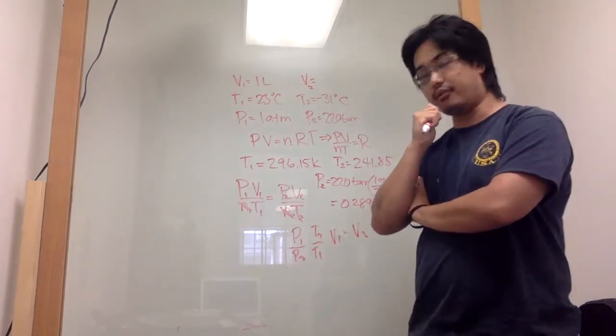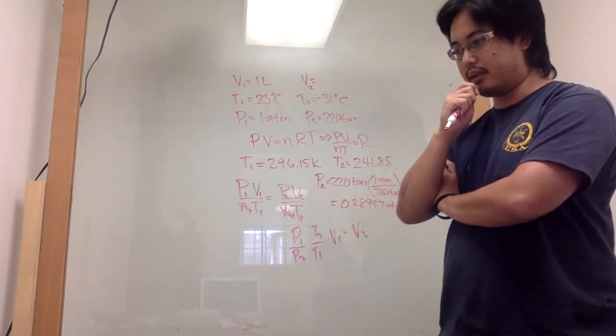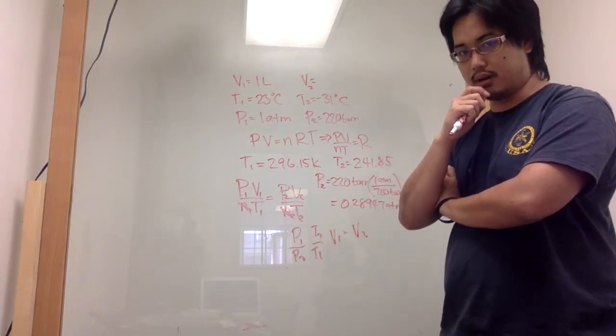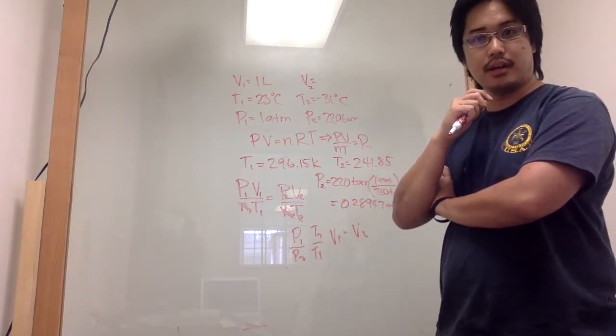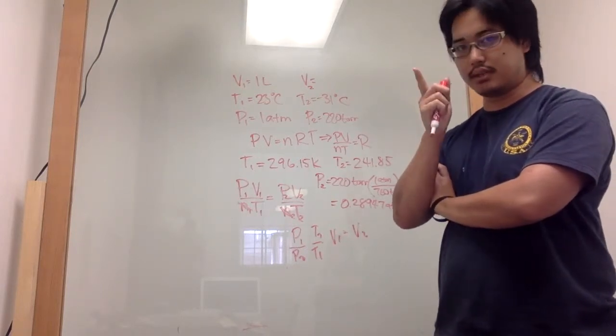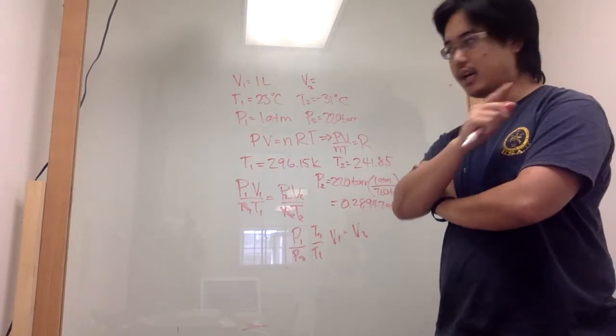And I'll tell you one of the first mistakes that I bet most people are going to make. A lot of people emailed me back and said, I've got such a poor grade on this homework, I don't understand what I'm doing wrong. I'll tell you what they're doing wrong, I can almost guarantee it. They didn't convert the Celsius to Kelvin. If you don't do that, all of this doesn't work.